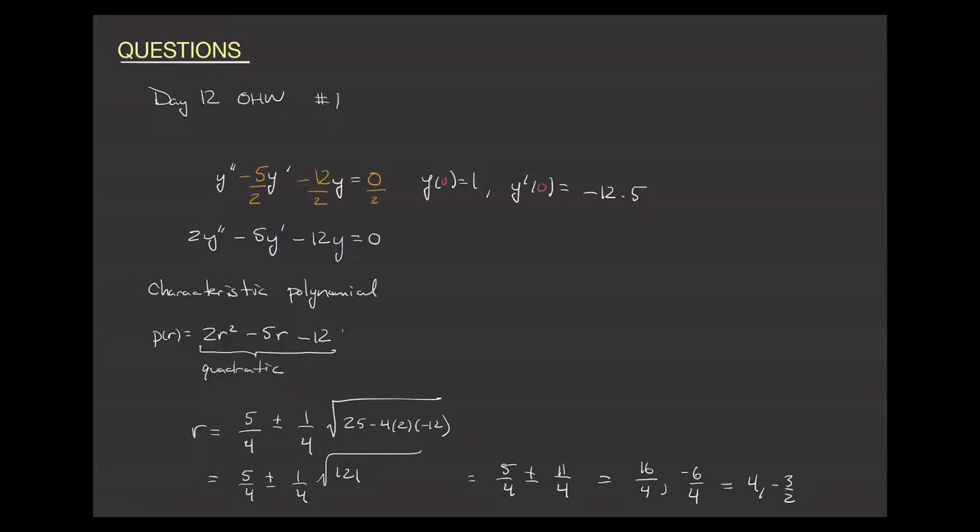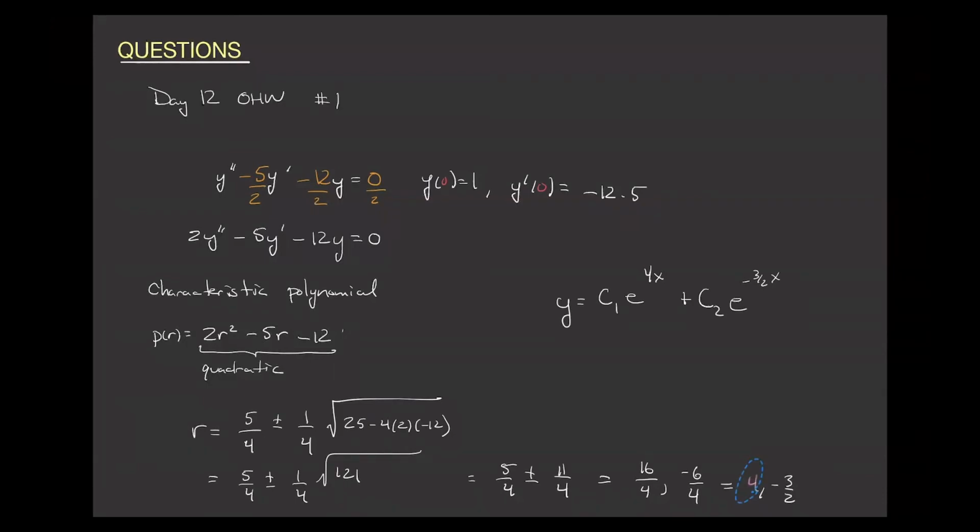Once you have that, you can say that y is equal to c1 e to the 4x plus c2 e to the -3/2 x. I feel like I may have made an algebraic mistake here, but it seems to have worked out too nicely for that. But either way, when you come up with two distinct real roots, those will give you the exponents of exponentials.